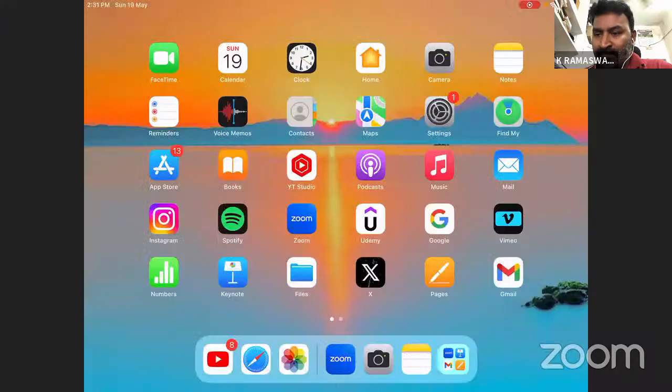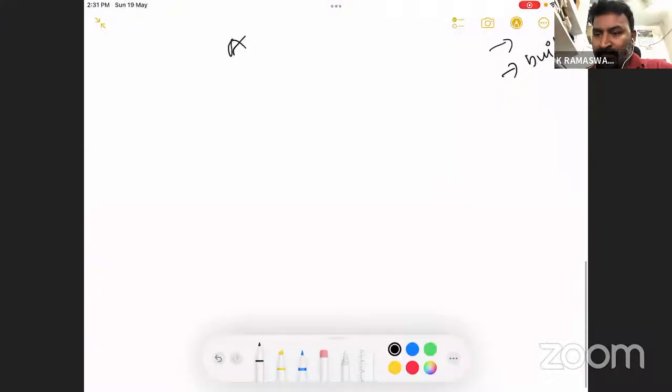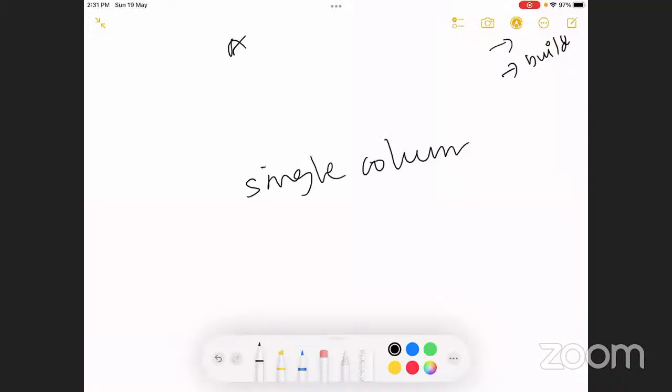So the difference between them, I will again share. So one is single column. In a single column, we have the slug name. So we call it a slug name.